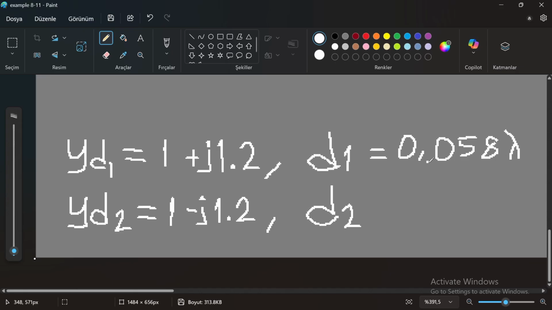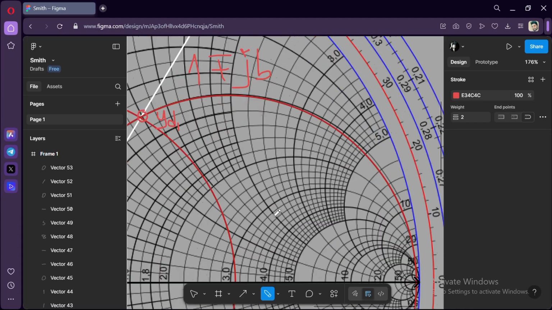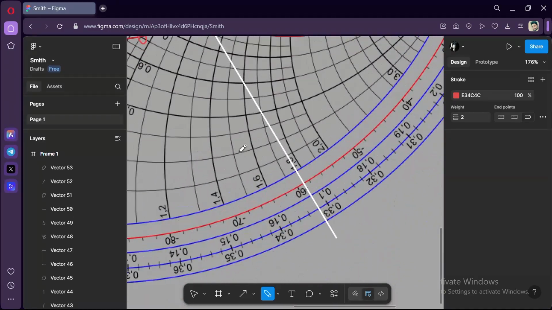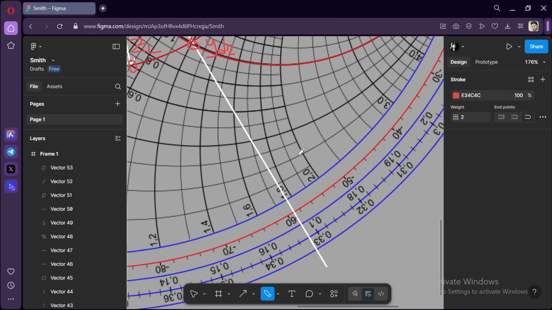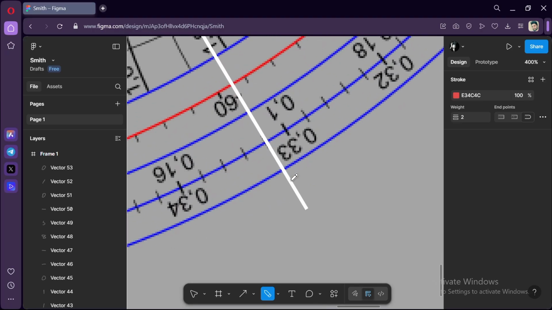Okay, this is d1, and d2 is here, until the second intersection point of the circles, 0.33, and we need to subtract 0.11. Okay, same thing again.